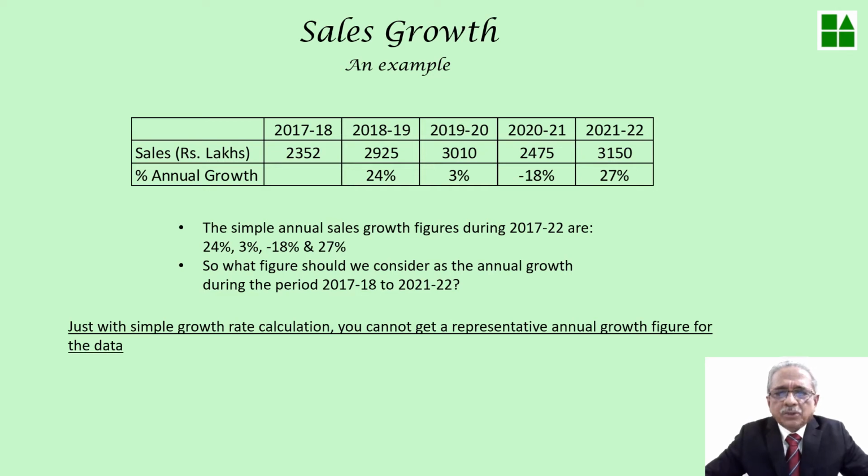A simple annual growth may not give you a representative annual growth figure for the entire period. In some years you have grown, some years you have declined. So what could be a representative growth for the entire period?